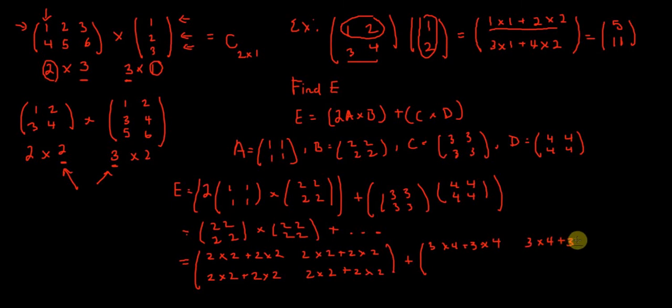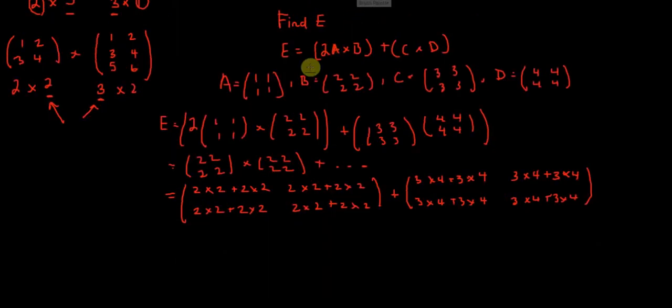Let me just go ahead and finish filling that out for y'all. All right, and I'm going to move the screen down a little so that we have more space to work. All right, there we go.